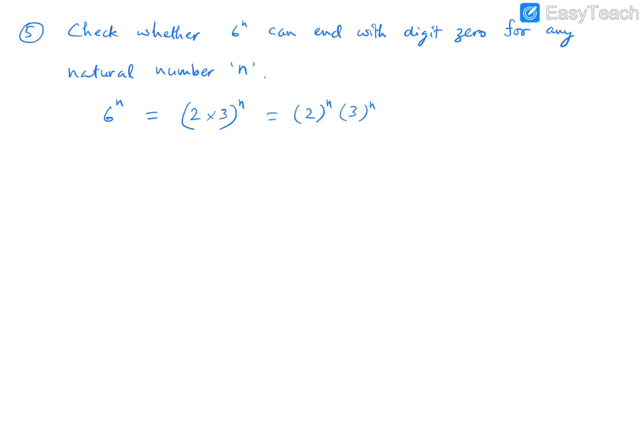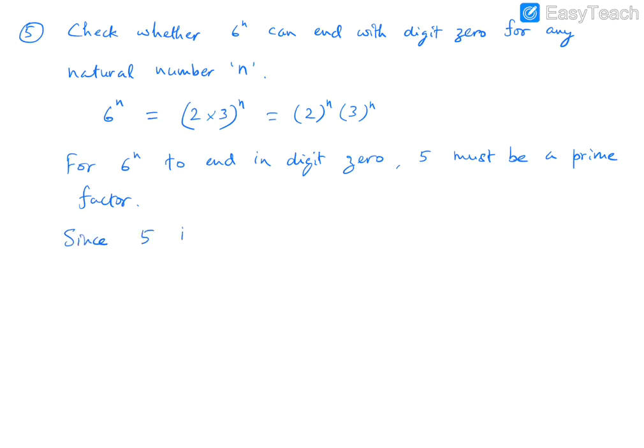And clearly, for 6 power n to end in the digit 0, 5 must be a prime factor. Clearly, 6 power n does not have 5 as a factor.